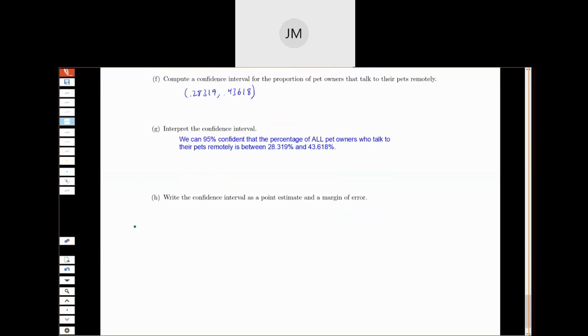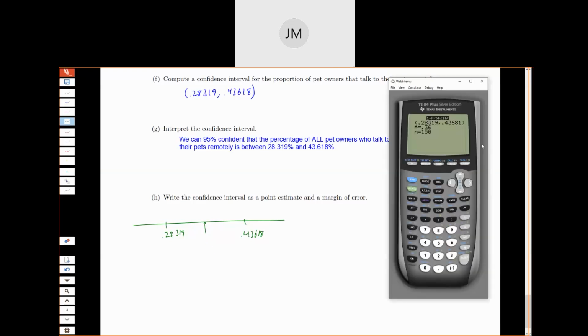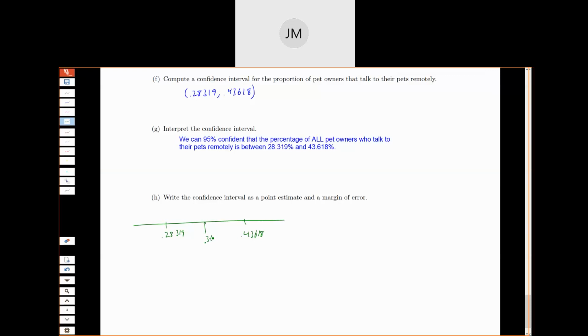So I'm going to write a number line, and I'm going to write the numbers for my confidence interval on here. 0.28319, 0.43618. And right dead center here, halfway in between, that's what this p hat is, 0.36. You could also average these two numbers to see the 0.36.